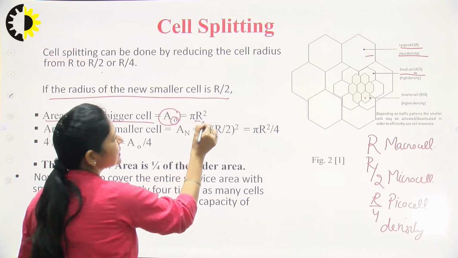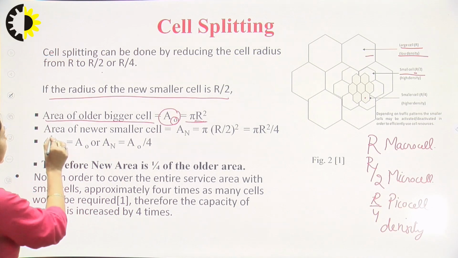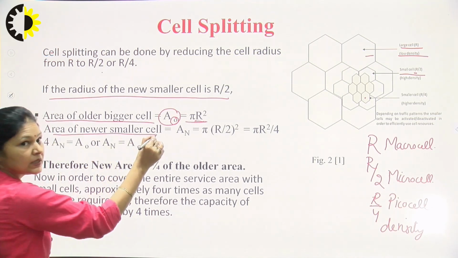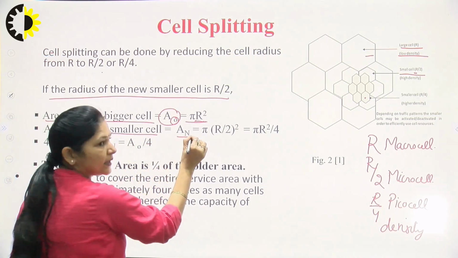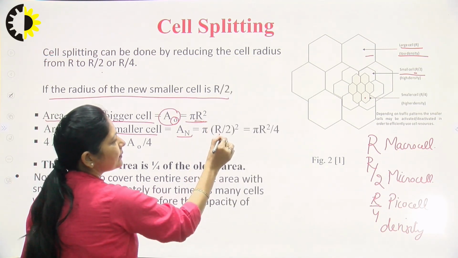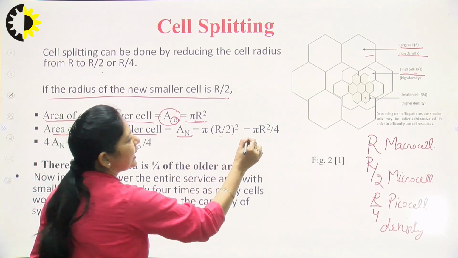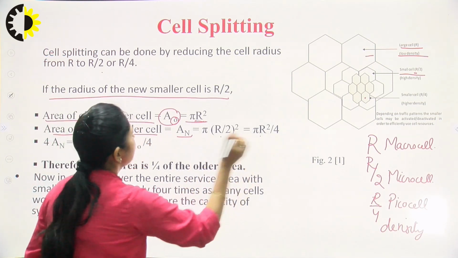As the radius of the older cell was r, its area will be pi r square. The area of the newer smaller cell is denoted by A_n, and as the radius has reduced from r to r by 2, its area will be pi into (r by 2) square, which equals pi r square by 4.